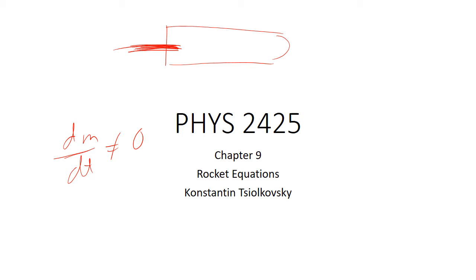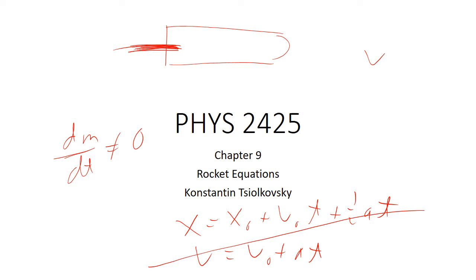Because I want to find the velocity at some future time. So that means our favorite equations that we had all the way back in chapter 2 do not apply, because these only apply in the event of constant acceleration.